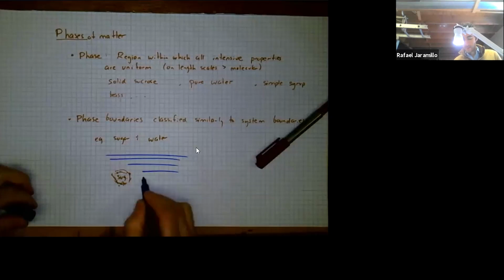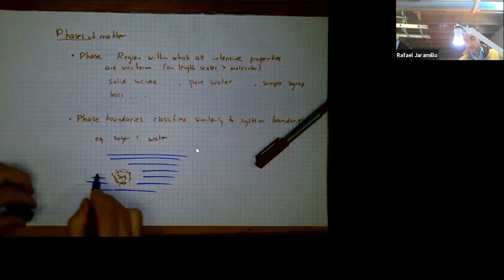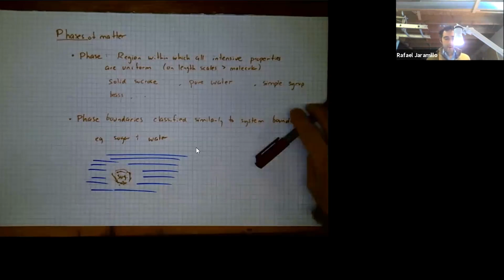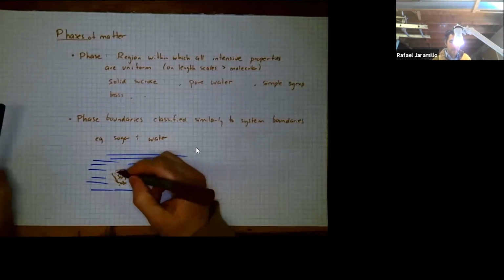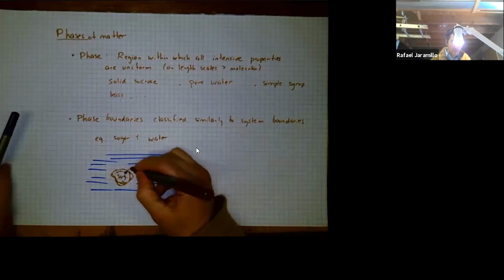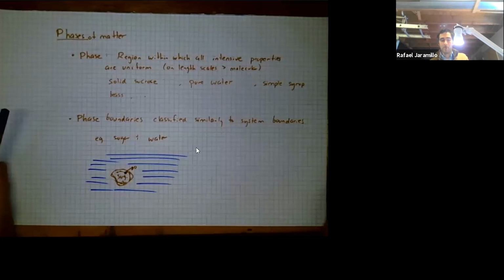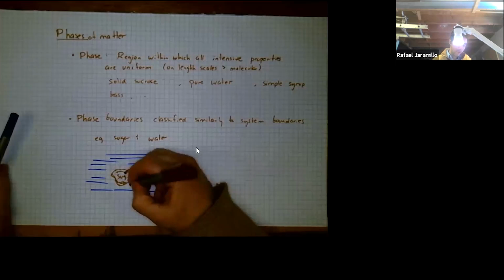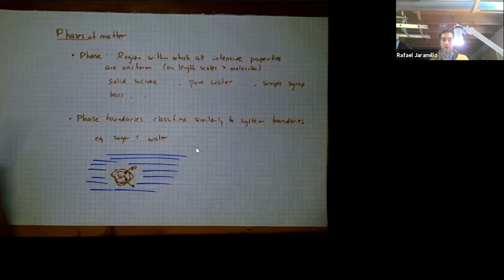We have a sugar-water system. Right, and we're going to think about this boundary in the same way that we classify system boundaries. And so that's an open boundary, right, because sugar molecules can go across the boundary into the water. And similarly, sugar molecules can come out of solution and go back into the solid. Right, this is a boundary that exchanges volume, it exchanges heat energy, and it exchanges mass. Okay.